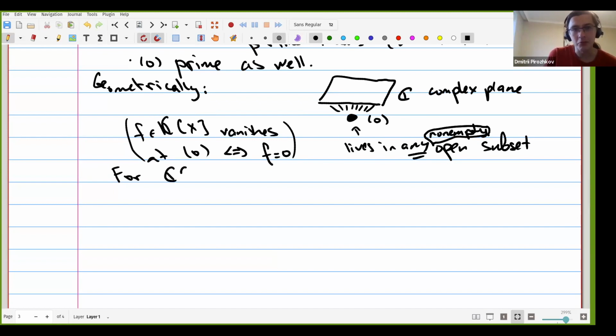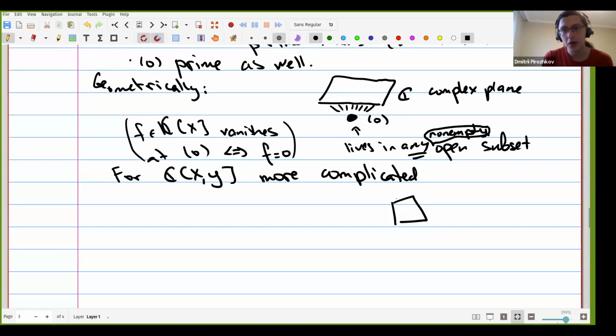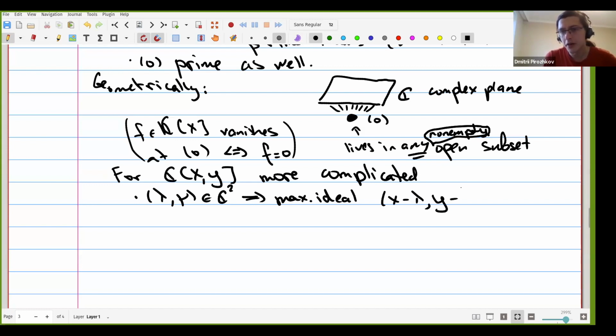This is what happens when you look at polynomials in one variable. But if you take, for example, C[x,y], you get something more complicated. So, of course, for any pair of complex numbers, we can make a maximal ideal that's generated by this expression.